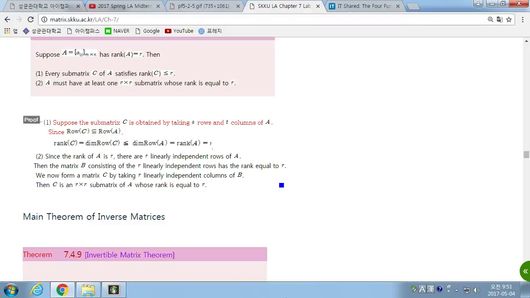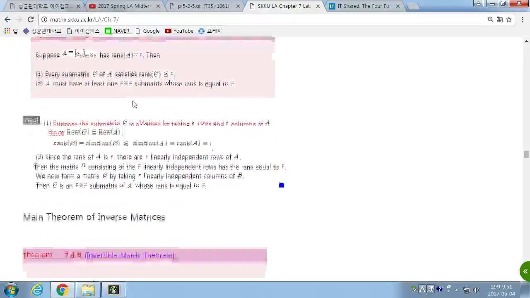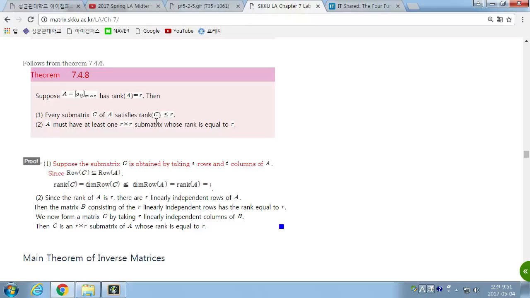오케이? 행렬 A에서 1차 독립인 컬럼들 찾을 수 있지. 그것만 딱 만들면 R by R 서브 매트릭스가 만들어지지. 그렇죠? 그러면 그 서브 매트릭스는 랭크가 R인 게 존재한다는 거예요. 적어도 하나. 오케이? From this observation, we can define the rank of a matrix in a different way.